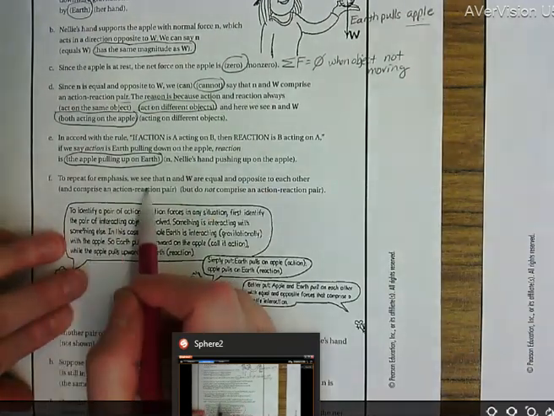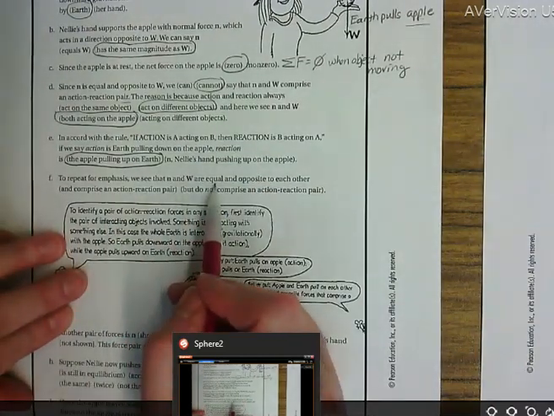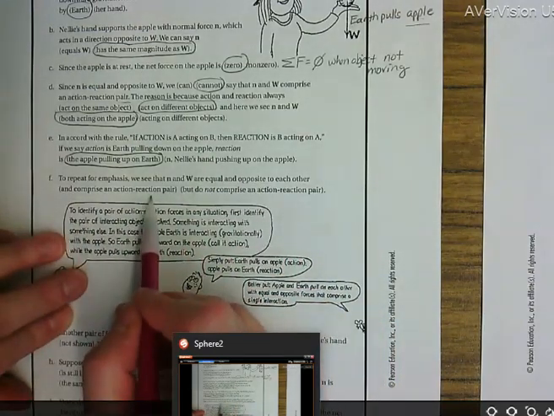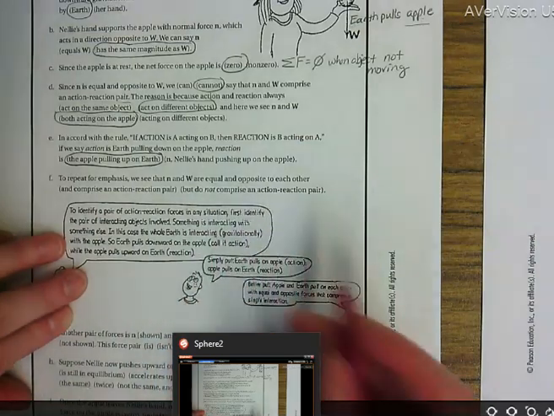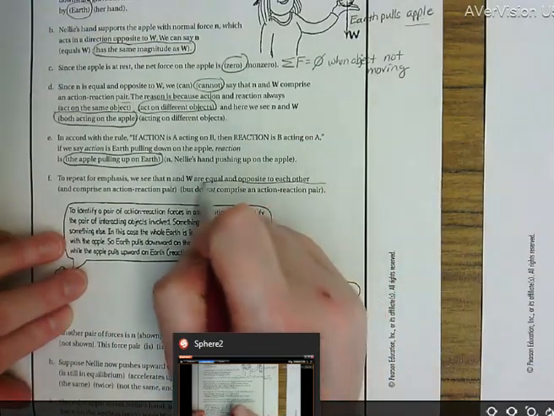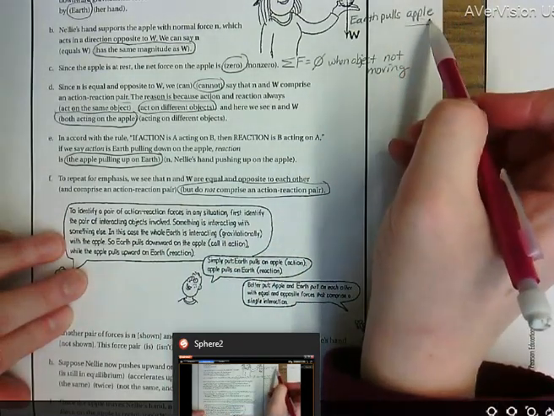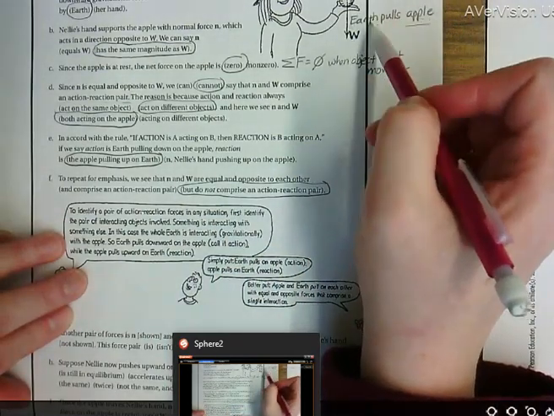To repeat for emphasis, N and W are equal and opposite to each other, but do not comprise an action-reaction pair, because they're both acting on the apple, and the other object isn't the same.